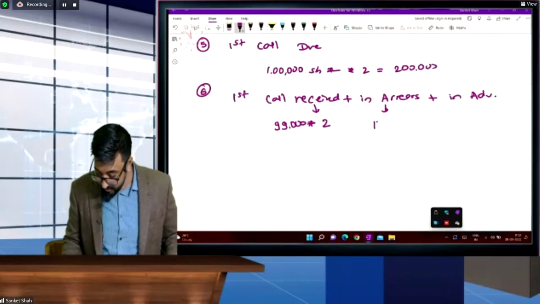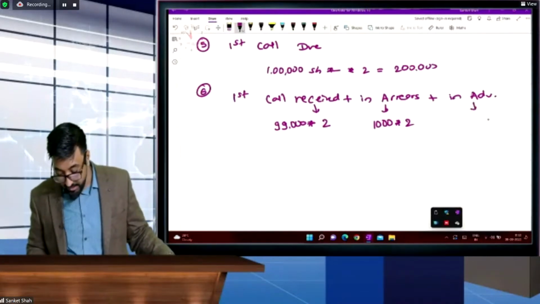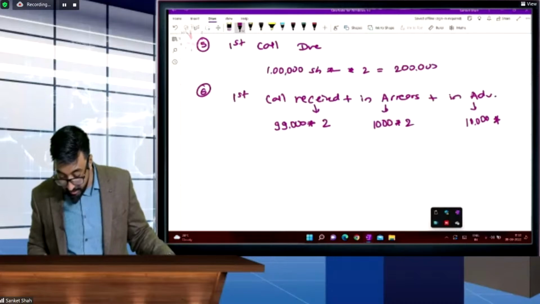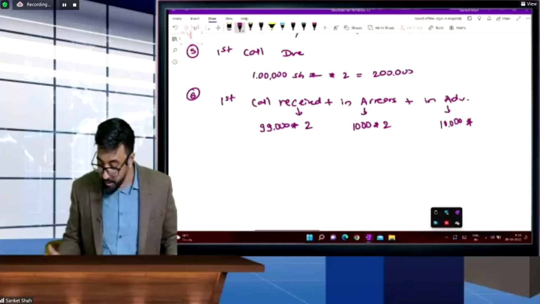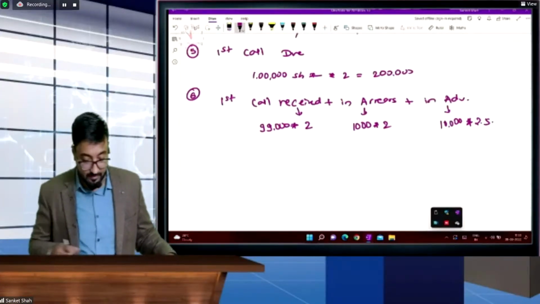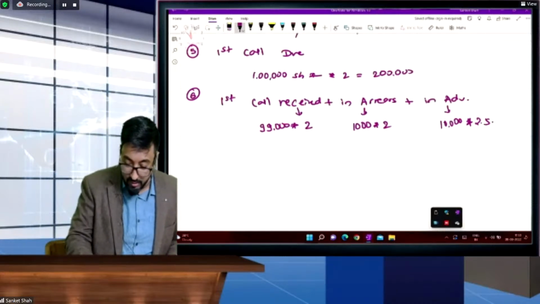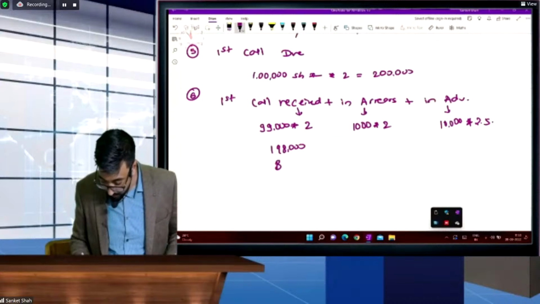In arrears 1,000 into 2 and in advance 10,000 into second call 2.5. This is very, very important sequence. So 99,000 into 2, 1,98,000. Bank account debit.